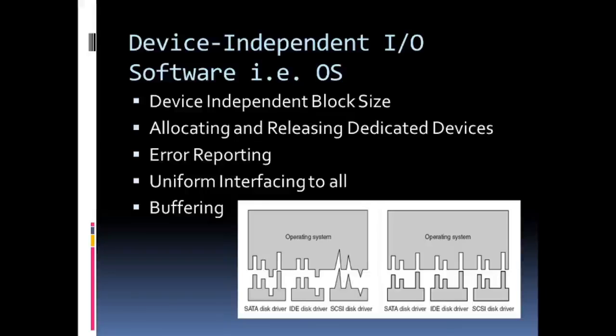For that, you can observe in this diagram that the operating system in the first case is enabling multiple devices with multiple socket types. Due to this, a particular device will fit in a particular socket only.